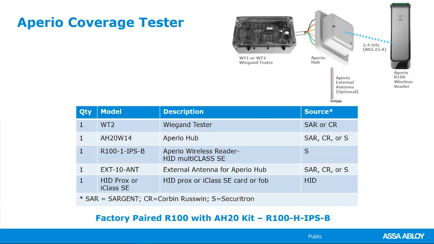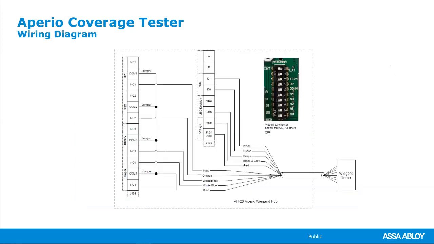If you already have or you're looking to get universal products, I have those listed here as well, but they both would do the same thing. I'll also leave this up for you for a second, but this is the wiring diagram. So you'd be able to wire so you could power up your Aperio hub so you could do that testing.